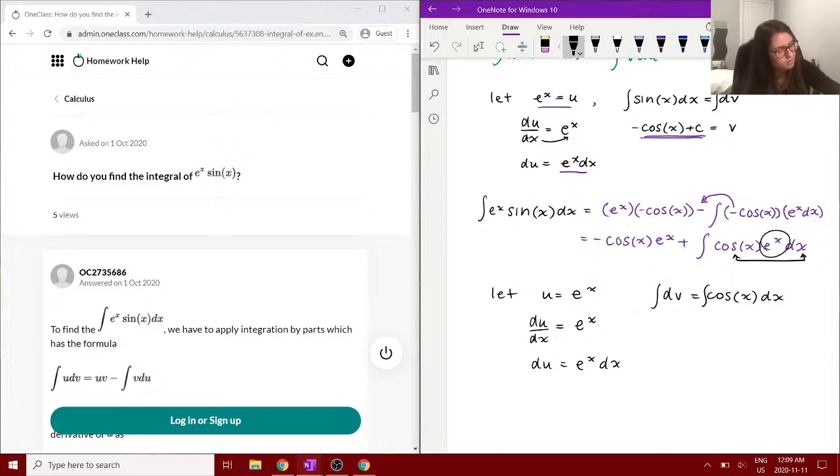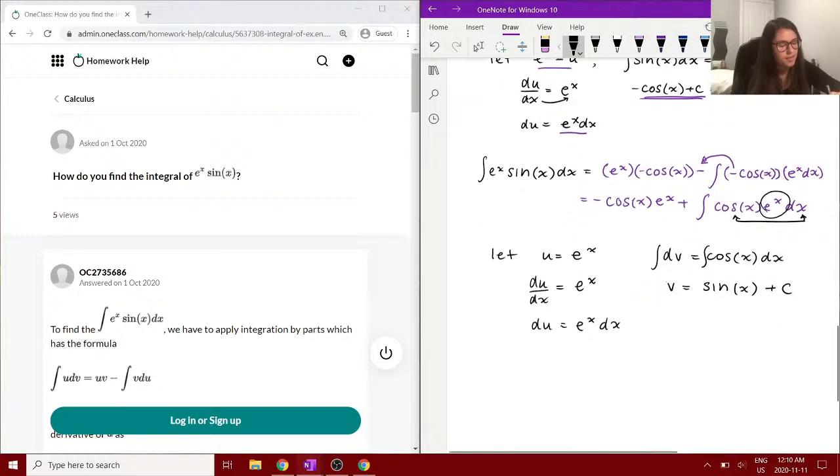And for the dv term, the cos x dx, we're going to integrate again. So we get v is equal to, well, the integral of cos x is sine x. And we have a plus c term. Like I said, leaving that out for now, but we will come back to that and add that in later.